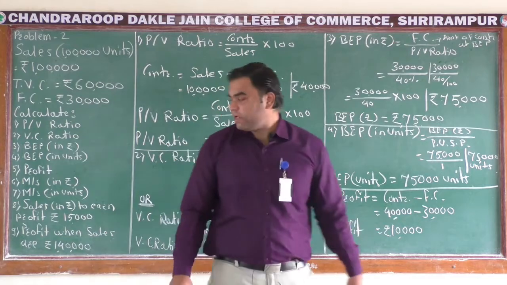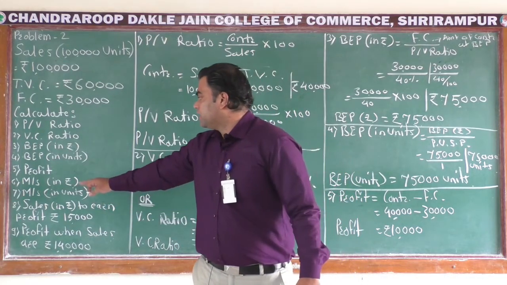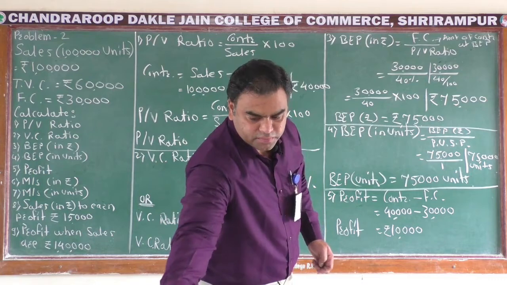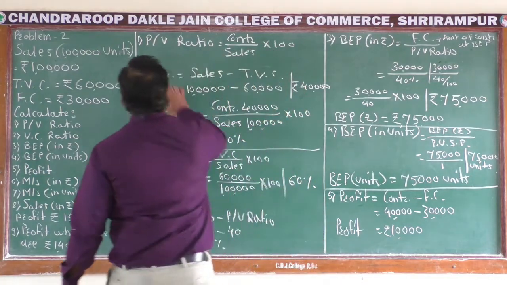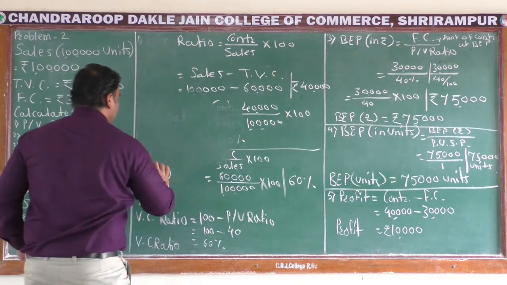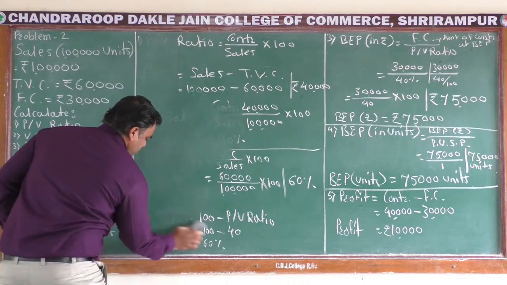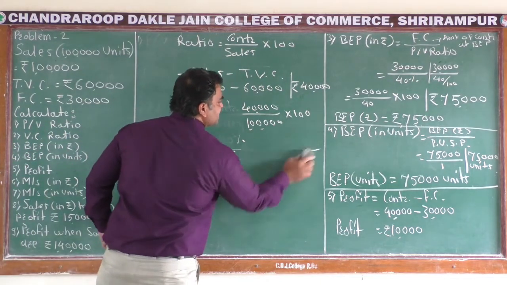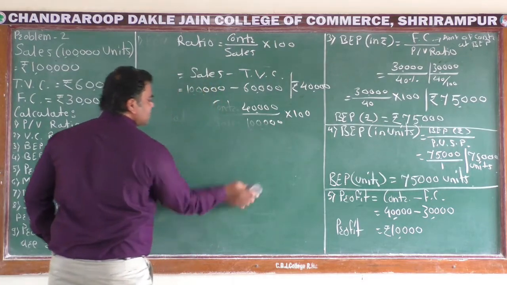Now we are going to calculate the 6th item, margin of safety in rupees. How to calculate the margin of safety in rupees? What is meant by margin of safety? Margin of safety is nothing but a part of total sales.